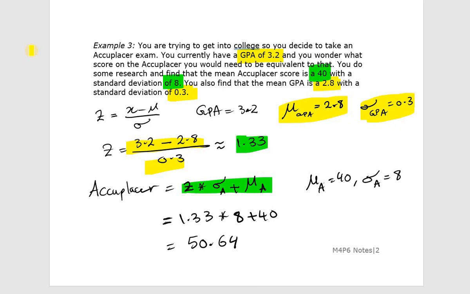Next, we're going to take your z-score and turn it into an Accuplacer by using the average for the Accuplacer, which is 40, and the standard deviation of the Accuplacer, which is 8. And then we use this formula to compute your grade, or the equivalent of the GPA in Accuplacer, and we get this.